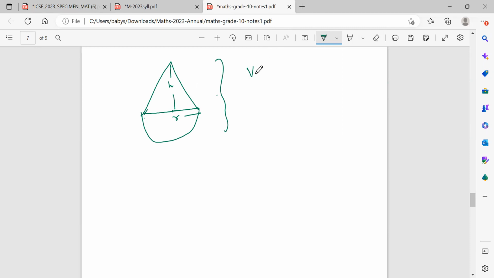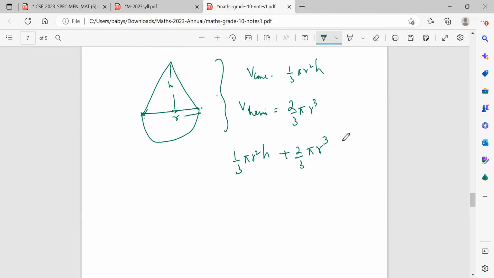The volume of the cone is 1/3 pi r square h, and the volume of the hemisphere is 2 by 3 pi r cube. So 1/3 pi r square h plus 2 by 3 pi r cube. They share the same radius, right? You can see here.